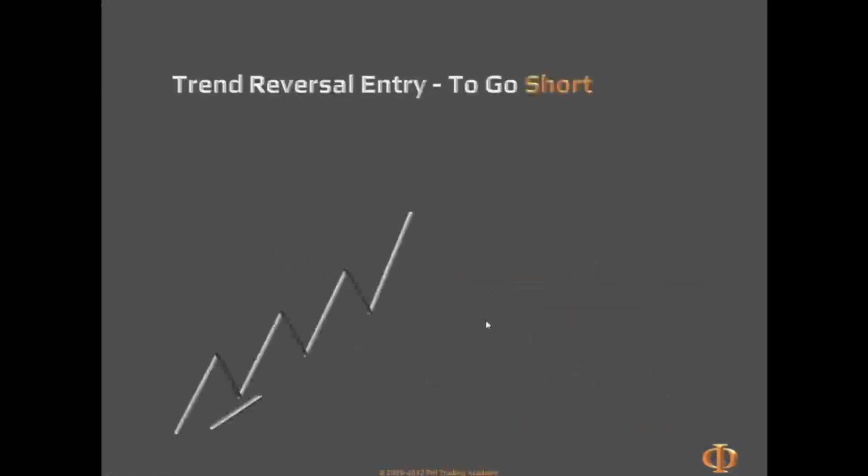On the flip side, market is going up, everyone is happy, fails to go higher, breaks the last bottom. So this is our entry level. We place our stop loss above the failure level.